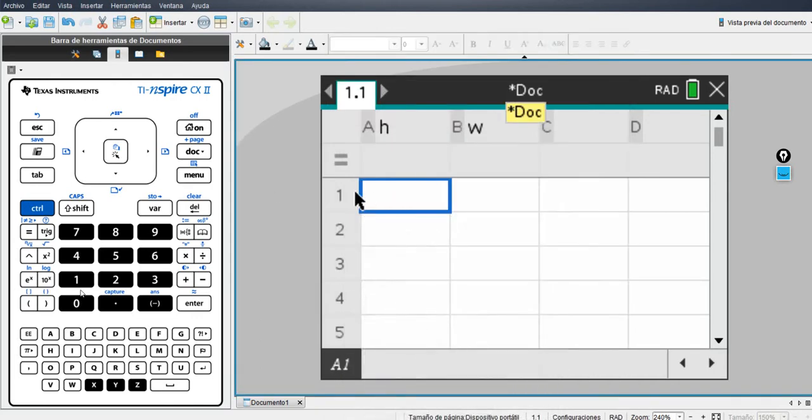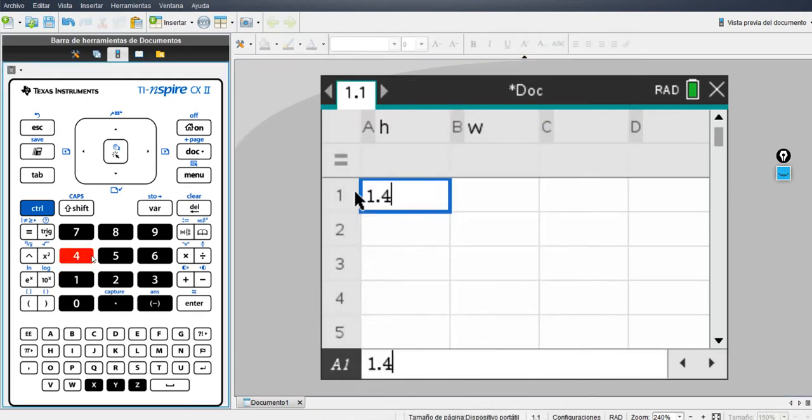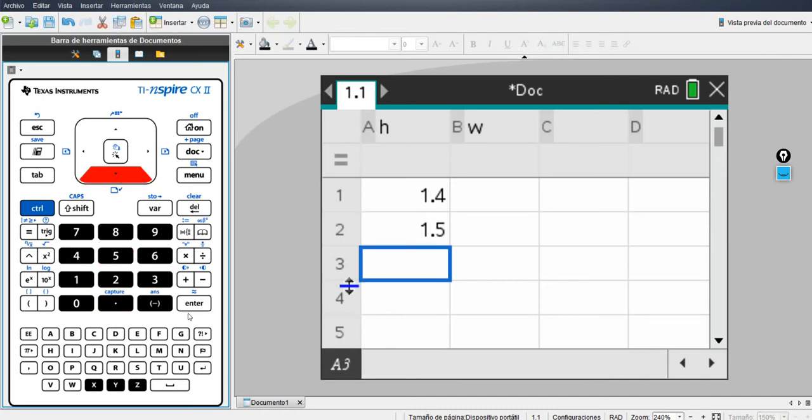So how do we do that? Well, this is quite simple. 1.4, down click, 1.5, down click, etc. Right? I'm gonna do it with my keyboard now that you know.